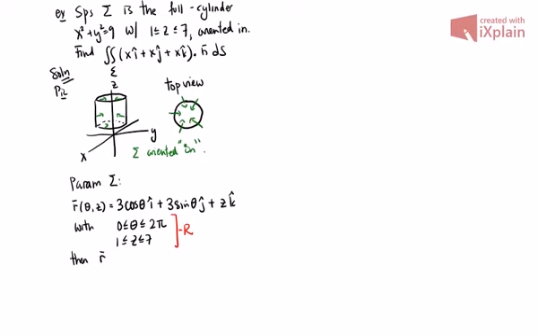So then we take our derivatives. r theta is negative 3 sine theta i plus 3 cosine theta j plus 0k. Rz is 0i plus 0j plus 1k. Cross those.